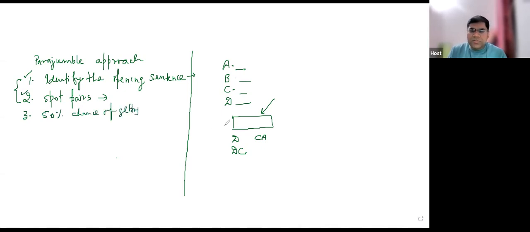How? Because suppose you put D like this and CA like this, then B will come either here or here. 50% chance, right? If you have DC here, then either B would come here and A here, or A here and B here. 50% chance.